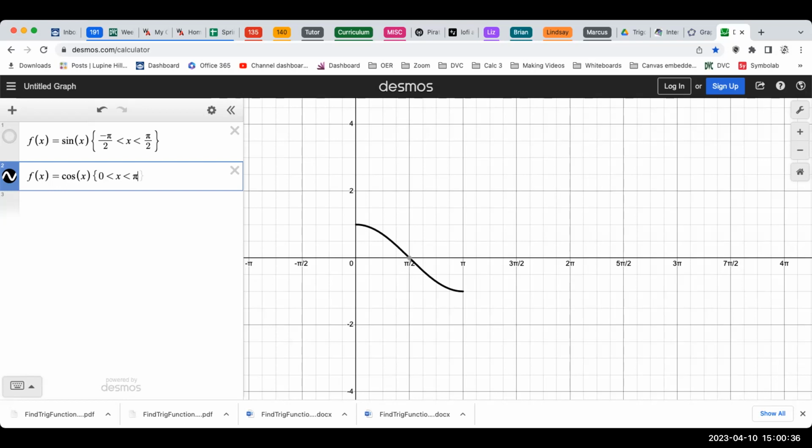Where theta is going to be in between negative pi over 2 and pi over 2. Because on the unit circle, I'm going to erase this in a bit, there are many angles where the y coordinate will be positive root 2 over 2. Pi over 4, 3 pi over 4, and then all the ones after that. 9 pi over 4, 11 pi over 4.